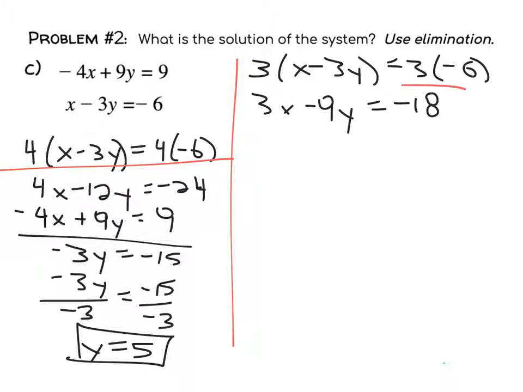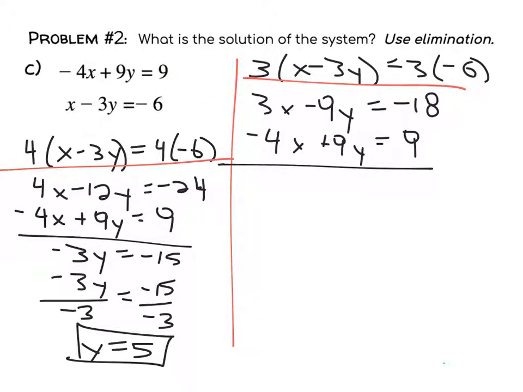And now that I've got this new equation, I'm going to draw a line to kind of mark it off and show you that I'm now using that equation and the other equation that we had, negative 4x plus 9y equals 9. That's this equation here, just getting put down in front of it, and now we were going to combine them. 3x minus 4x equals negative x.